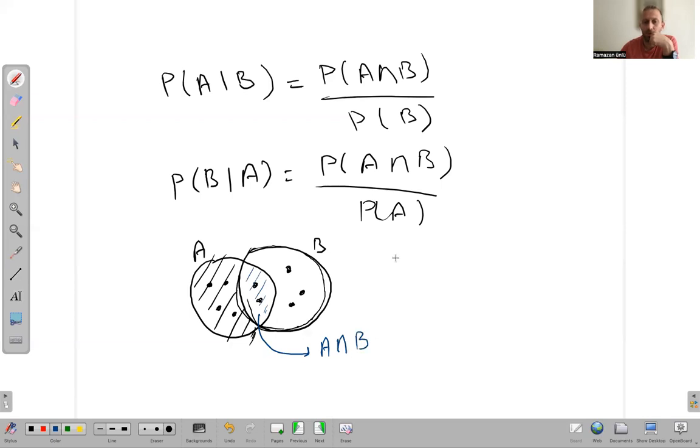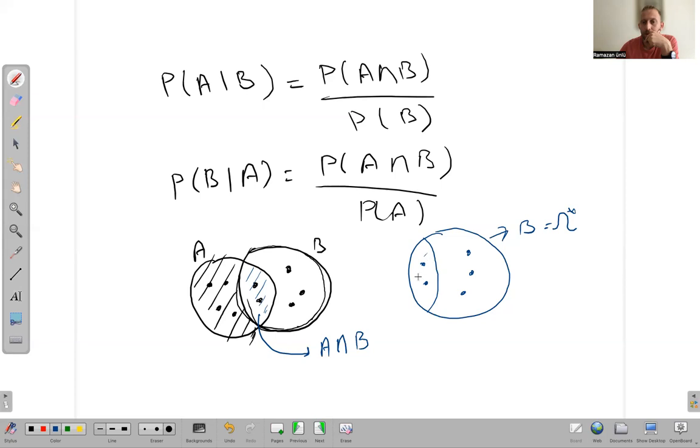So now my space, let me delete this and redraw it. Now I'm looking at this part. There are 2 points here, 3 points here. This whole thing is B, and this is a new omega, omega star.